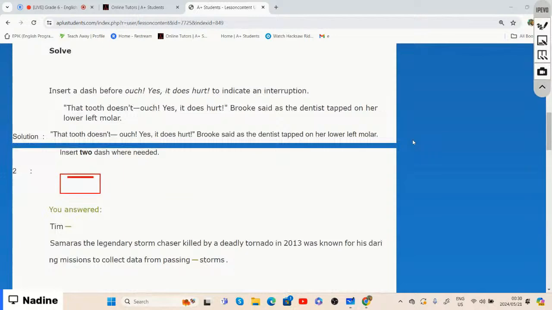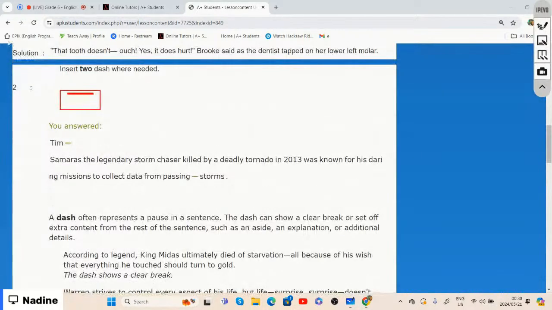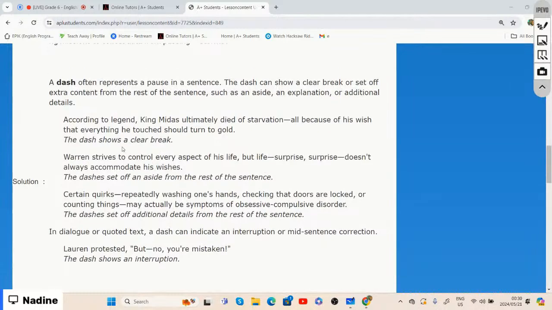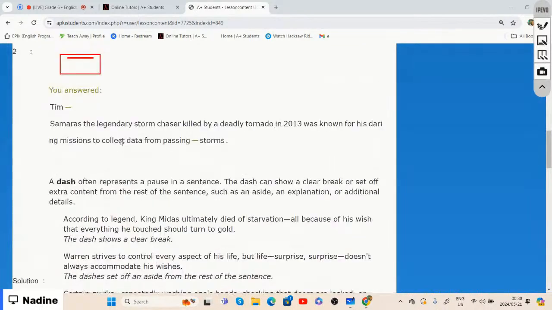We now need to insert two dashes where needed. It says summarize the legendary storm chaser killed by a deadly tornado in 2013 was known for his daring missions to collect data from passing storms.